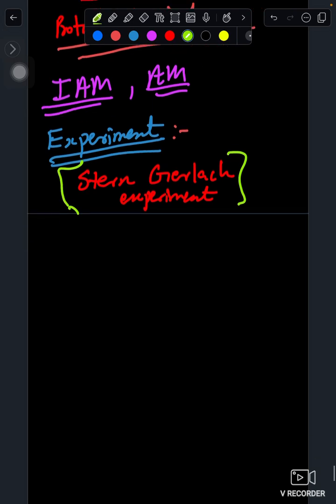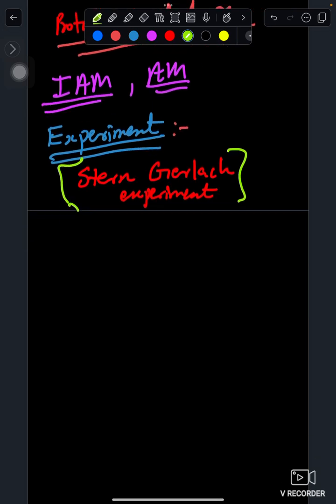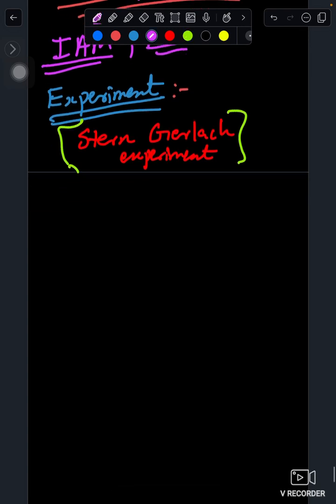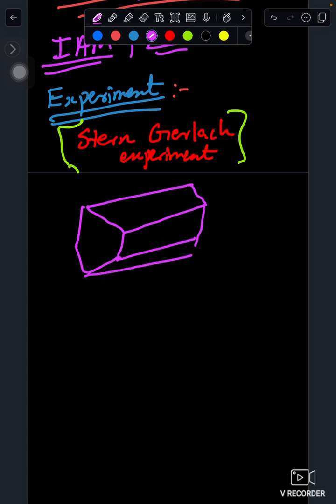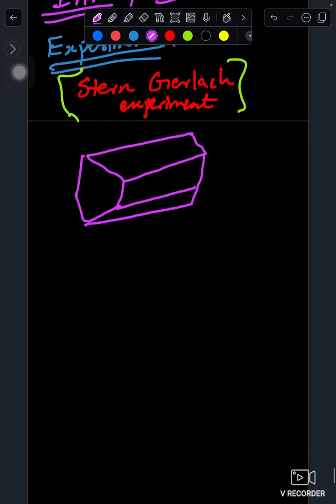So here we will be using magnets, because electrons somehow behave like magnetic poles. But these magnets have a very special shape. If I'm drawing it correctly, it should be this, and there's one down here.